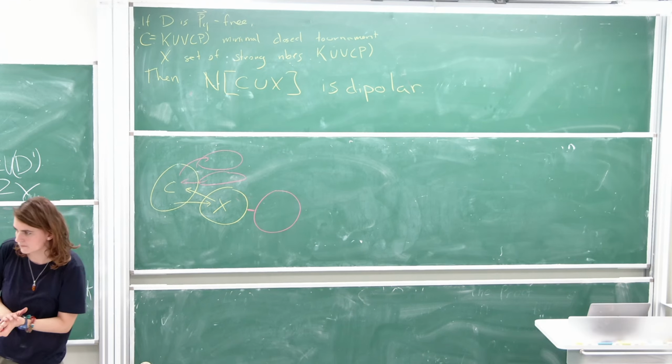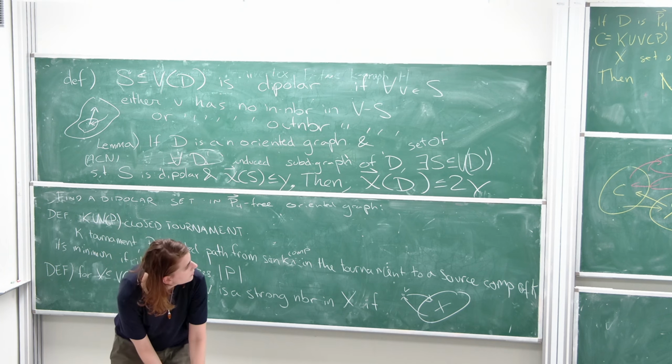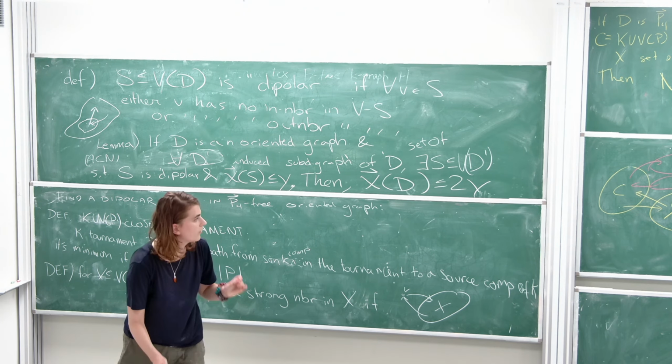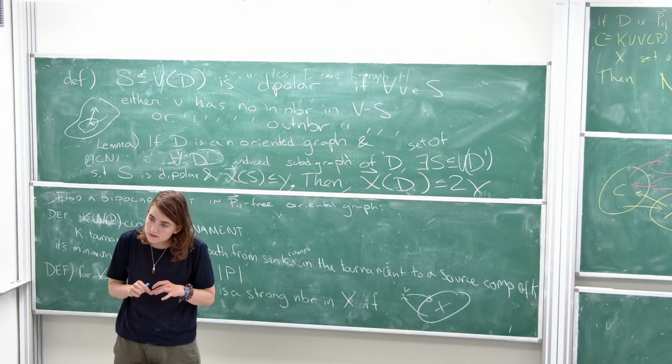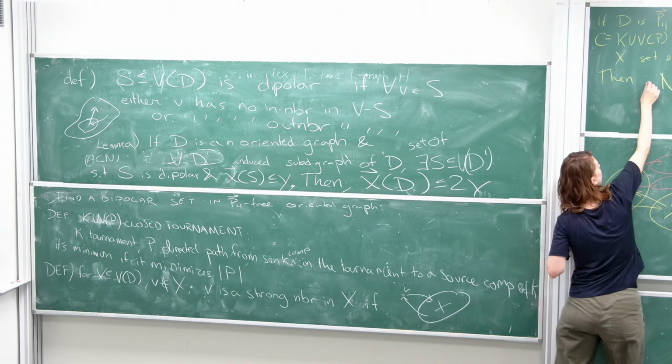Did you say that the neighbors of X are not neighbors of C? No, the neighbors of X are the vertices that have both an in neighbor and an out neighbor in C. Right, I think it's hard for me to speak in words.